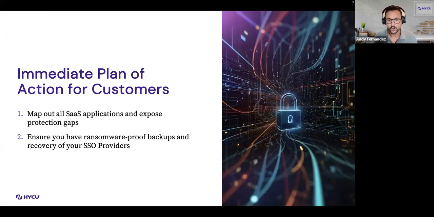One, if you don't know what your organization is using, you are at risk of a ransomware attack. The first thing that organizations have to do is actually map out the estate and understand where the gaps are. The next thing that they have to do is ensure that they have ransomware-proof backups, immutable copies that they can recover critical configurations of their SSO provider and also other SaaS applications as well.